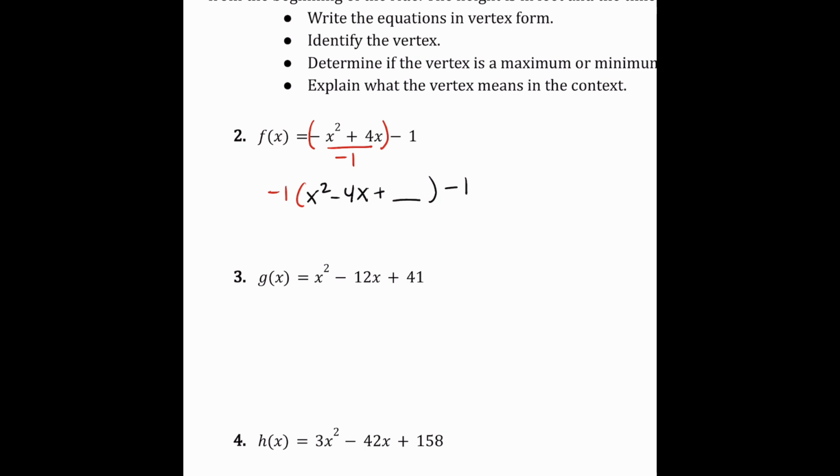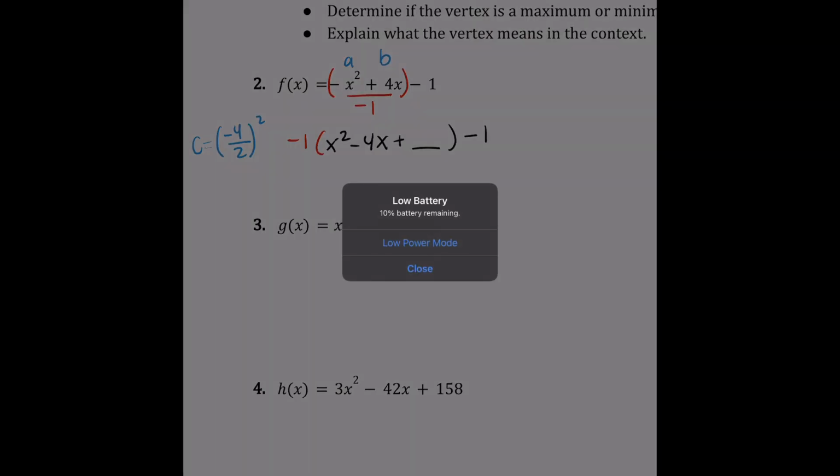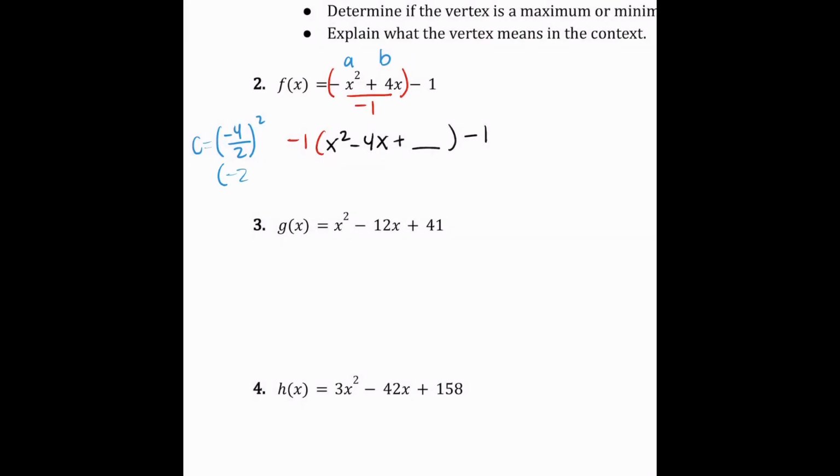And in order to find my c value, because remember this is a, this is b, I need to find c. C is found by taking my b value, which is now negative 4, divided by 2, and I square it. Negative 4 divided by 2 is negative 2 squared, and this gives me 4. So my c value is 4.